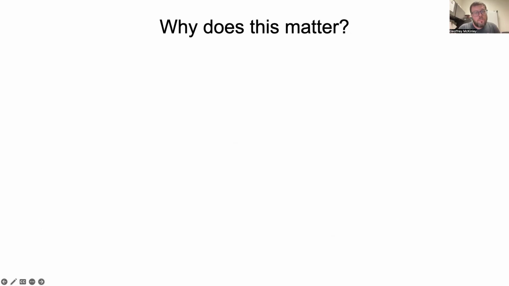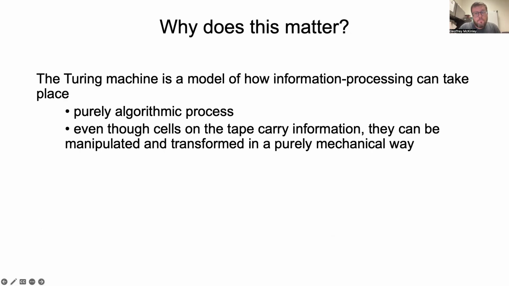The universal Turing machine is a model of how information processing can take place. It's a purely algorithmic process, and the cells on the tape can carry information that can be manipulated and transferred in a purely mechanical way.